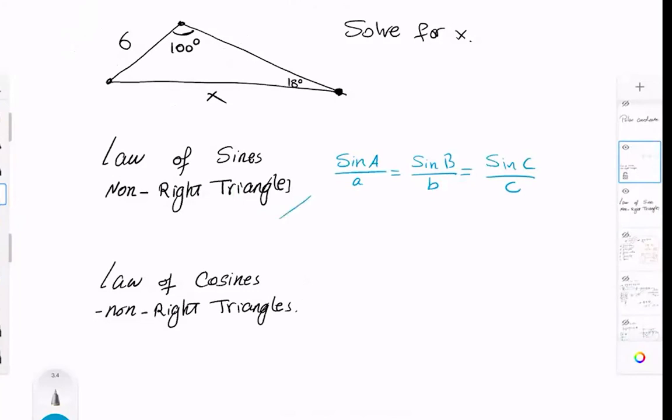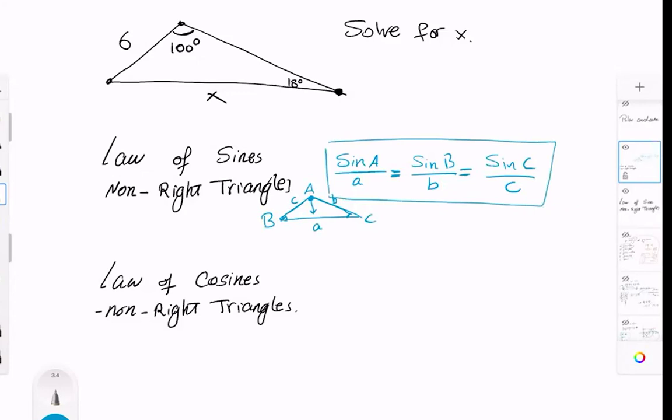That means if we have a triangle, this is A, that's B, this is C. Sine of this angle divided by the length of the side in front of it is exactly the same as sine of this angle divided by this, sine of this angle divided by that. And it's a very easy proof we can do. So we have this formula. This is only for law of sine.